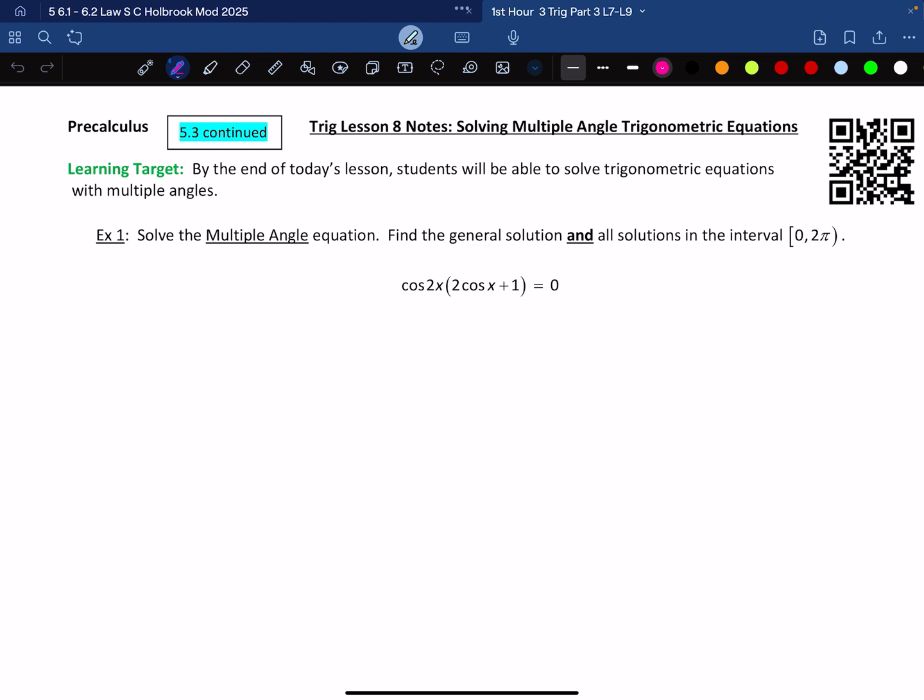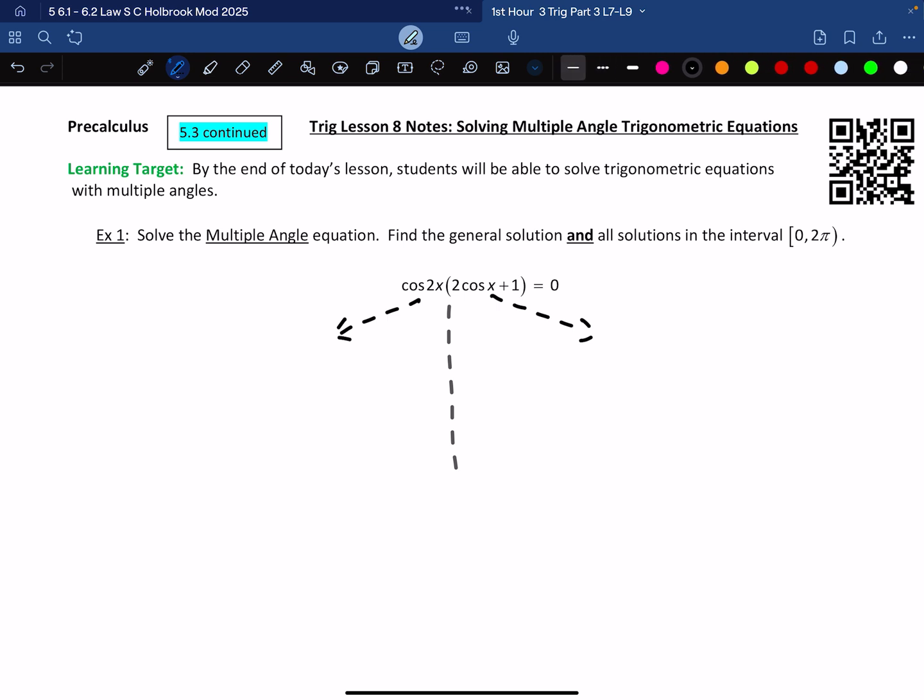All right, so once you have this factored, I'm going to just draw this little line over here. We're going to start at this end over here, and then I'll do this one over here. So it's like you have two problems in one.